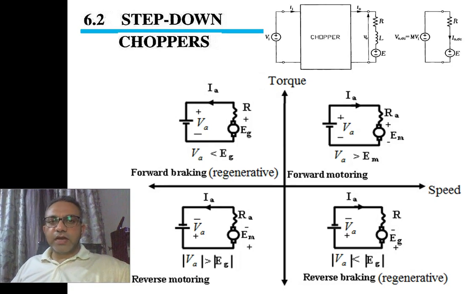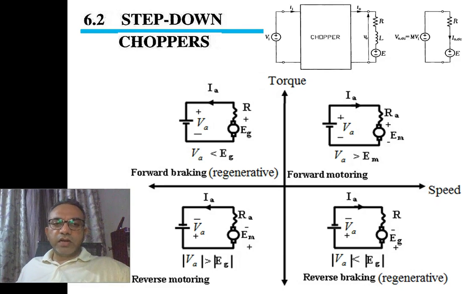Okay, now let us look at the third quadrant, where the title is reverse motoring. That is, the rotor of the motor is now rotating in the counterclockwise direction. Remember that in the first quadrant we had forward motoring, where the motor was rotating clockwise, and now in the third quadrant we have reverse motoring.